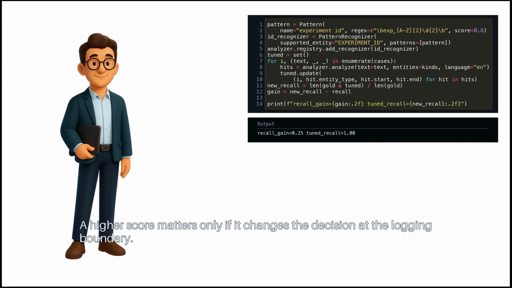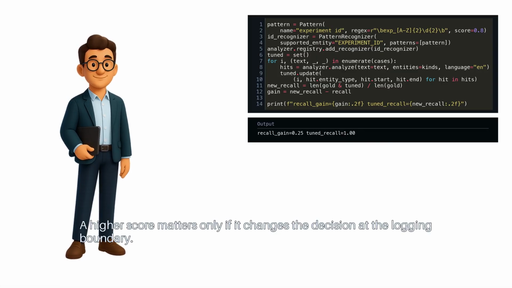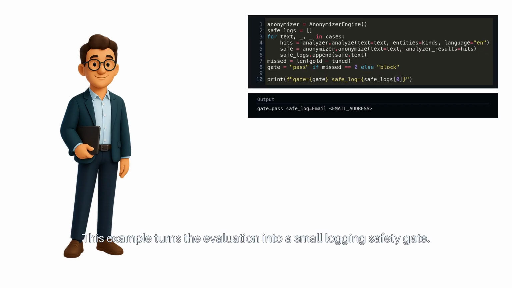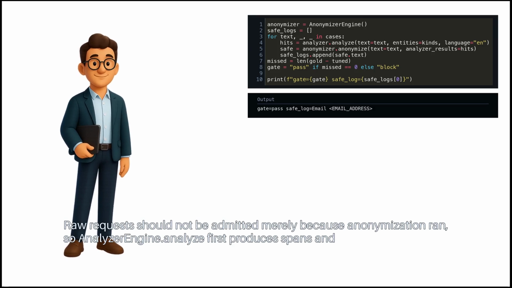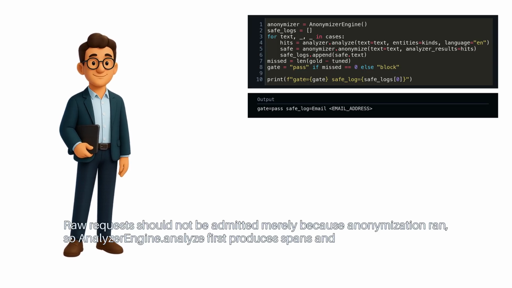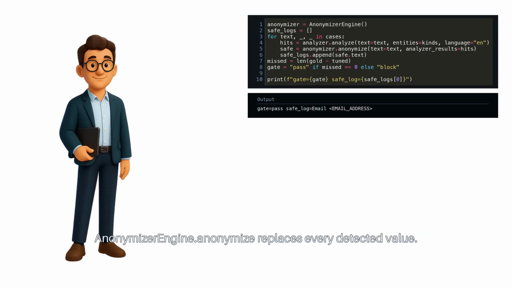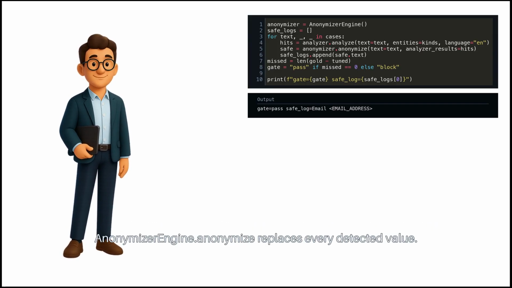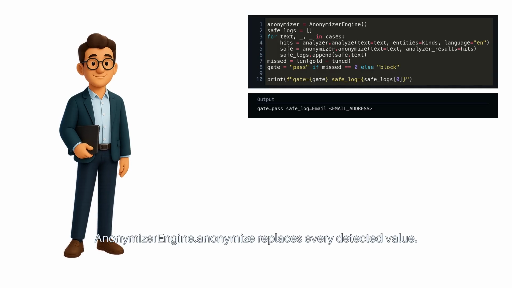A higher score matters only if it changes the decision at the logging boundary. This example turns the evaluation into a small logging safety gate. Raw requests should not be admitted merely because anonymization ran. So AnalyzerEngine.analyze first produces spans, and AnonymizerEngine.anonymize replaces every detected value.